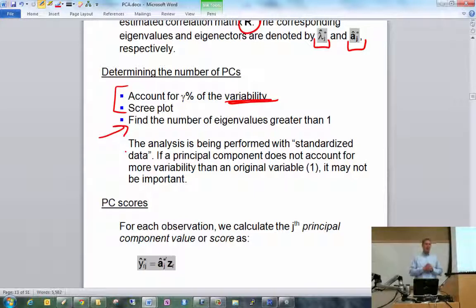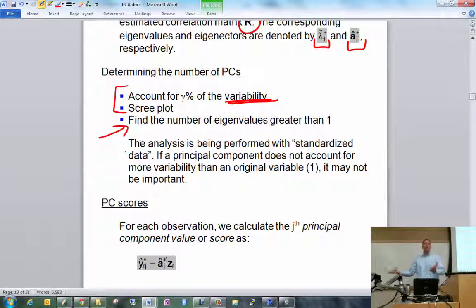Well, why? Well, remember, if we're thinking of it in the context of using standardized data, the variance of Z1 is 1. The variance of Z2 is 1, and so on. So if you make sure that you always choose principal components that have variances that are greater than 1, that says that a principal component then accounts for more information than one of your standardized variables.